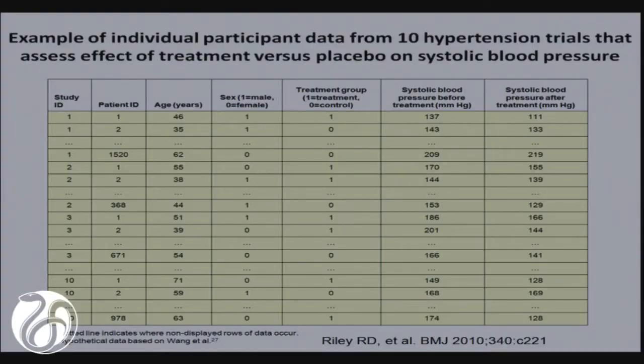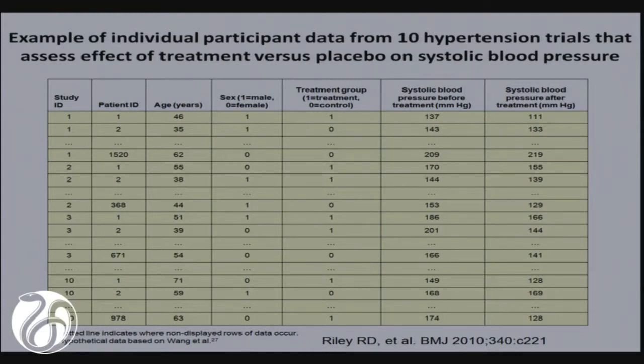So here's an example of individual participant data that comes from a paper published in the BMJ that looked at issues surrounding individual participant data meta-analyses. And this happens to be individual participant data from 10 trials, but it gives you the flavor of the sort of individual participant data you might be able to glean from records for an individual trial. So if you look at the top there, in the first study, the first patient, patient 1, is a 46-year-old man.